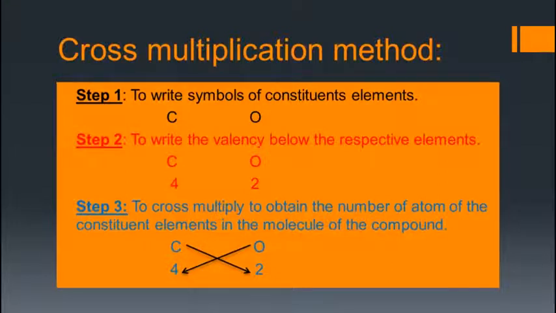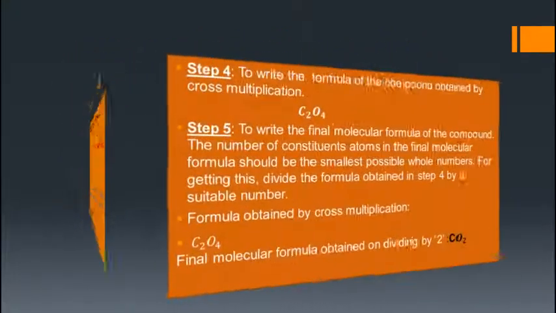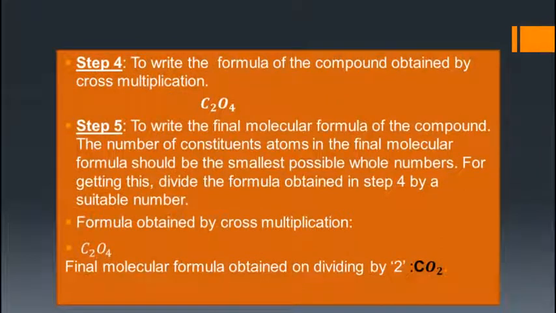So we have to do the cross multiplication between the constituent elements and the valencies. Step 4: write the formula of the compound obtained by the cross multiplication. After the cross multiplication, the formula obtained is C2O4.